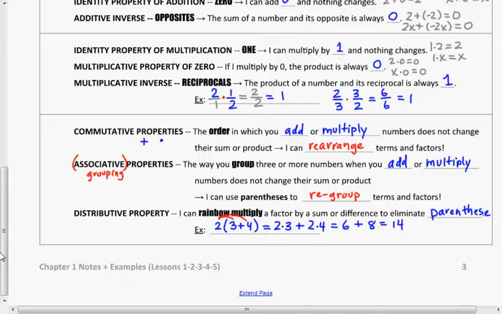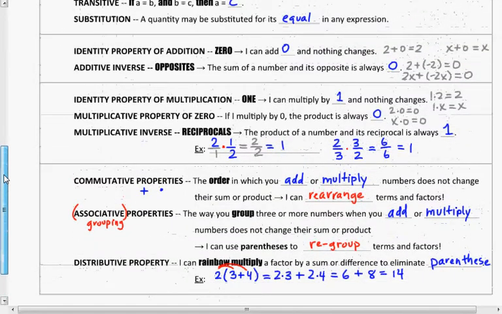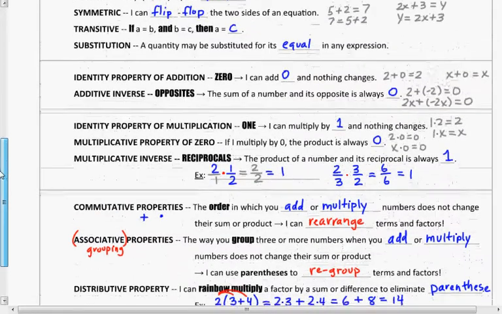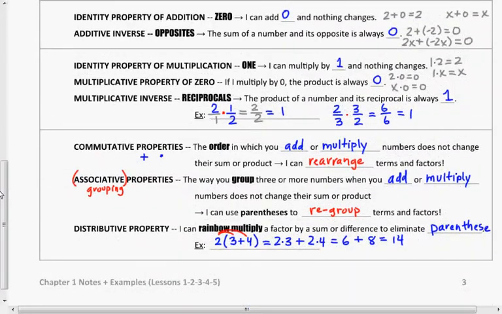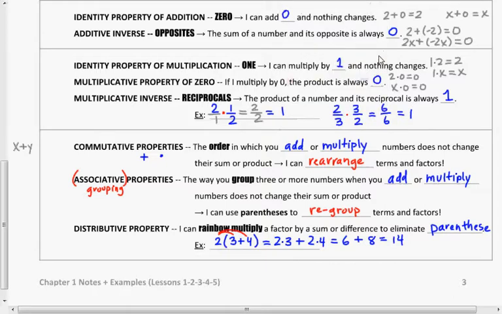Okay, so have this page handy as you are looking at IXL skill H1. And again, a lot of these commutative versus associative property questions will come up a lot. But the commutative property says that if you add two numbers, whether it's x plus y, you can rearrange those and make it y plus x.